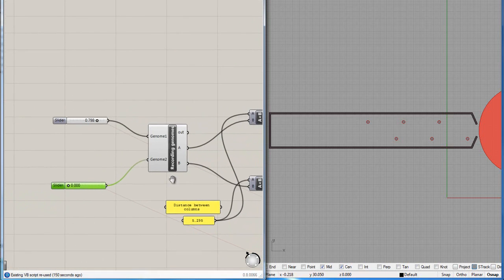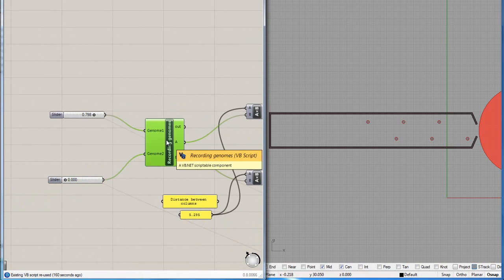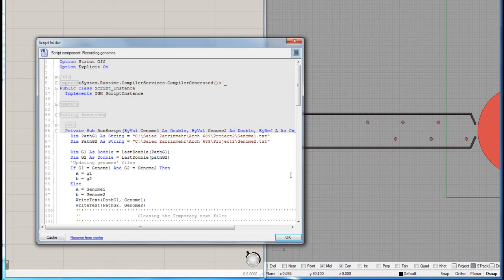Chromosomes are connected to a VB battery. This battery saves the chromosomes in text files on the hard drive. It constantly reads the text files and compares the input chromosomes with the contents of the text files. When the input chromosomes are the same as the contents of the text files, it returns the value of the text files.